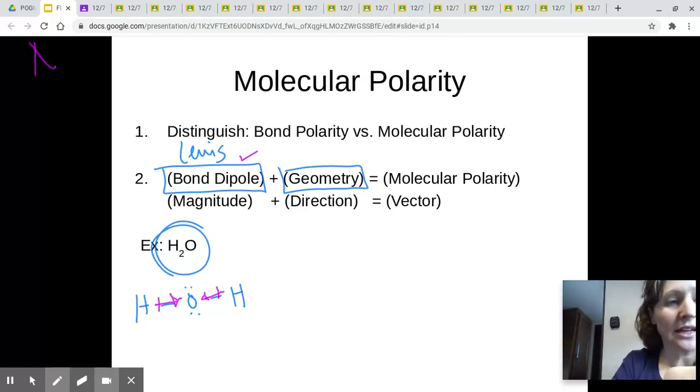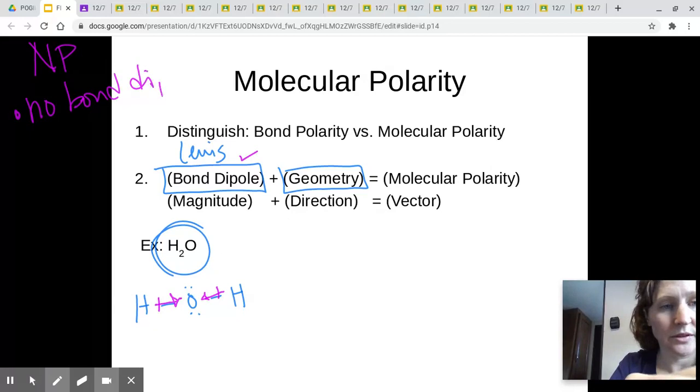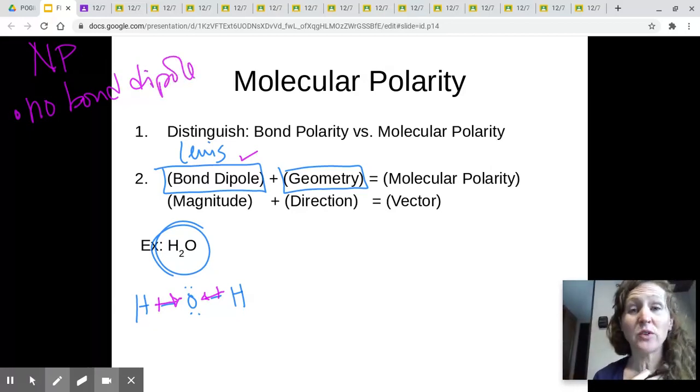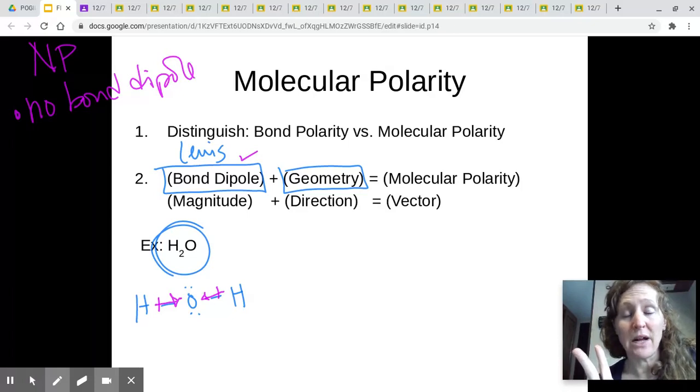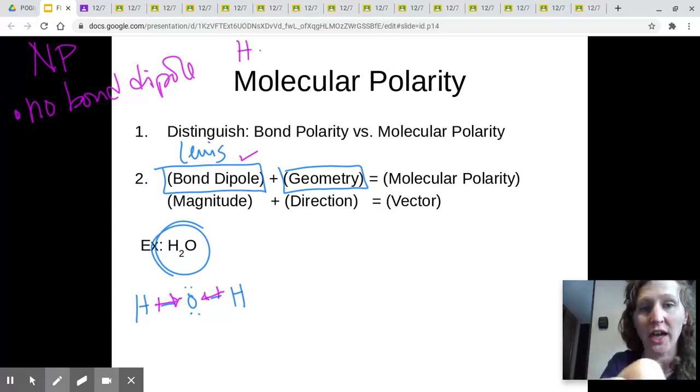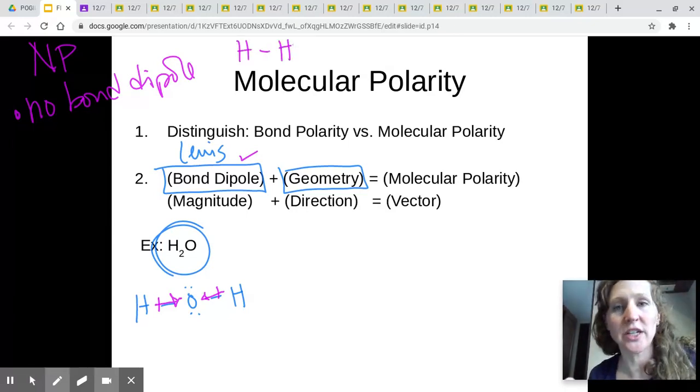So to have a nonpolar molecule, number one, you would have to have no bond dipole. If you just have a two-atom molecule, a diatomic molecule, for example, like hydrogen, that's pretty easy to do. Hydrogen and hydrogen have the same electronegativities. There's no bond dipole. The molecule is not polar, right?